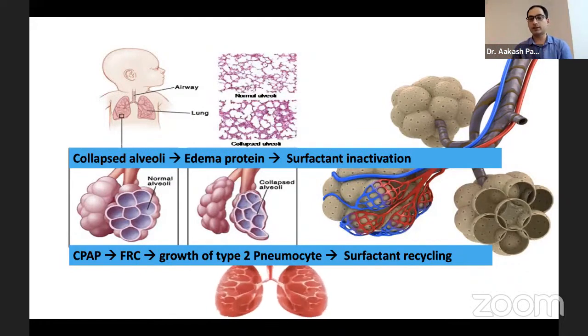And finally, there is a vicious circle which leads to inflammation, decreased surfactant, again leading to atelectasis. Now, what happens when we are using CPAP? We are using a constant distending pressure which keeps the airway distended both during inspiration and expiration. Thereby, it splints the airways and prevents that end expiratory collapse, leading to improved exchange of gases and better oxygenation.